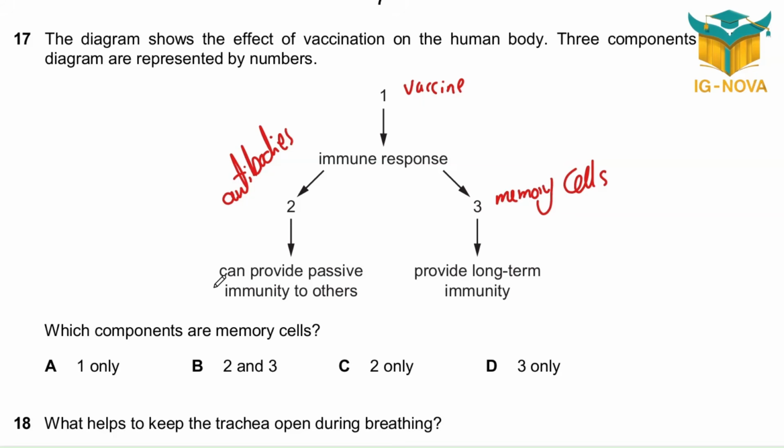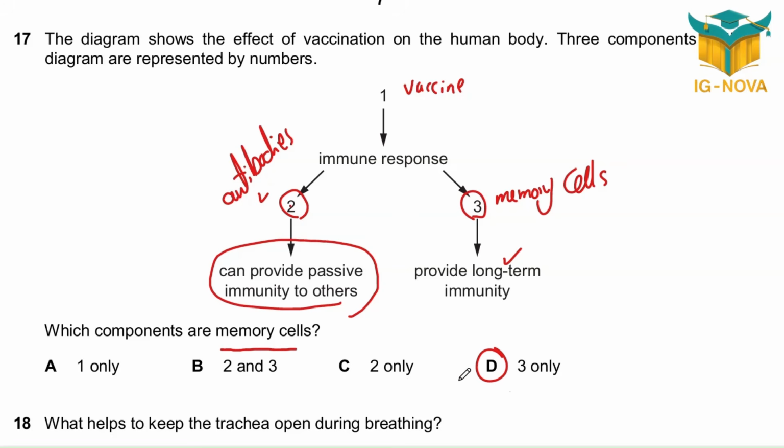One of them, they can be used as antitoxin during passive artificial type of immunity. He mentioned that here. He said that this product number 2 can be used during passive immunity. He means here antitoxins or antibodies. So 2 is antibody, 3 is memory cell because they give long-term immunity. So here he's asking for memory cells, so D, 3 only.